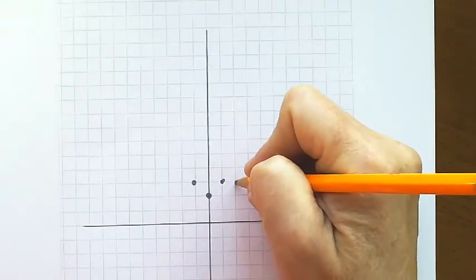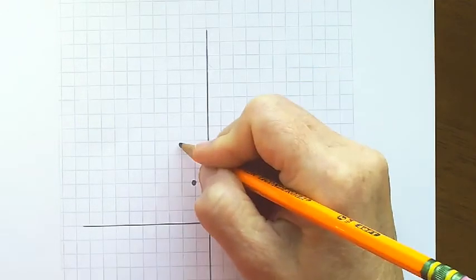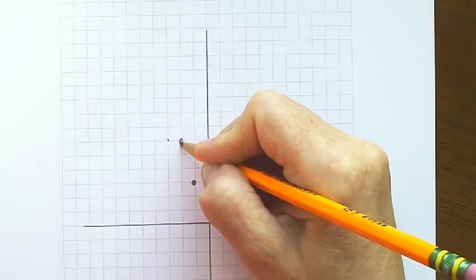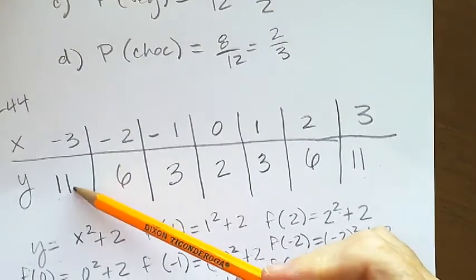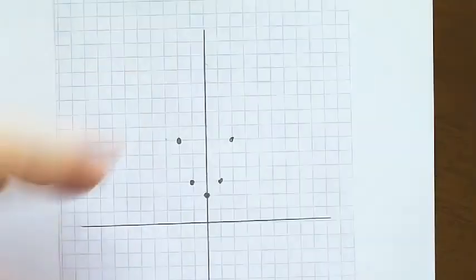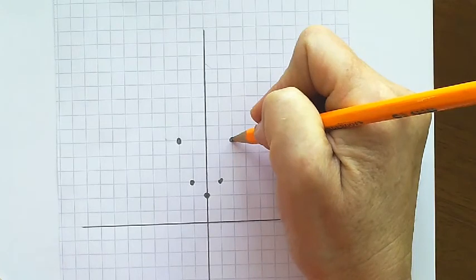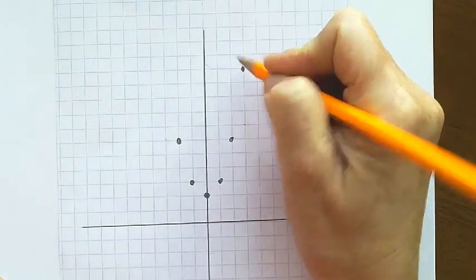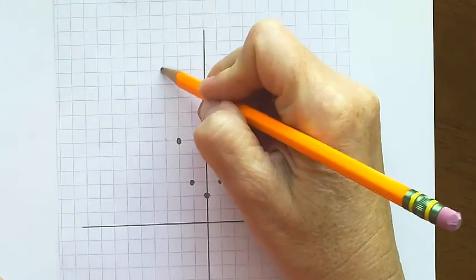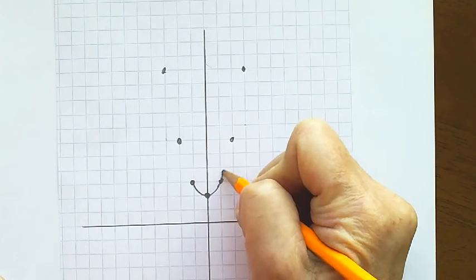So let's see, this is 3, 4, 5, 6. Whoops, right here. And then we have negative 3, 11 and positive 3, 11. Let's see, this was 6. So 7, 8, 9, 10, 11. And once you start to see that symmetry, it kind of saves you a little work.